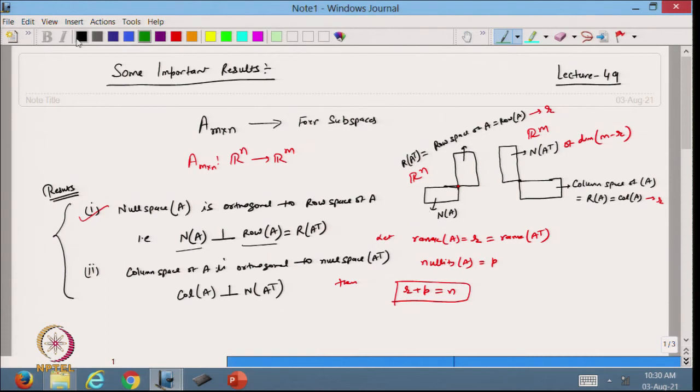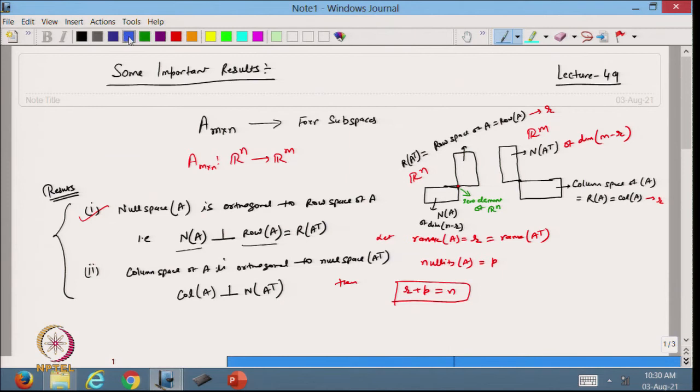So the null space of A has dimension n minus r, and this point is the 0 element of Rn.